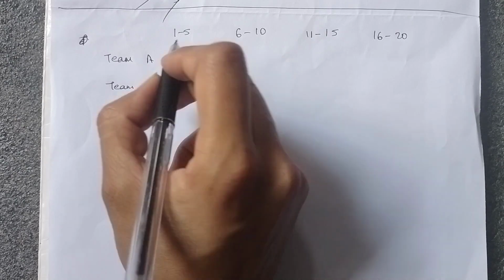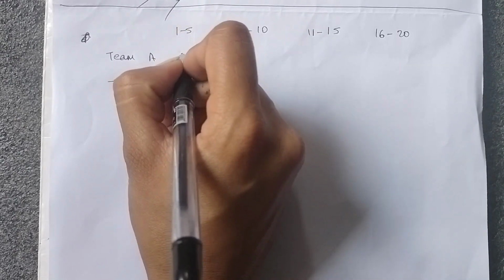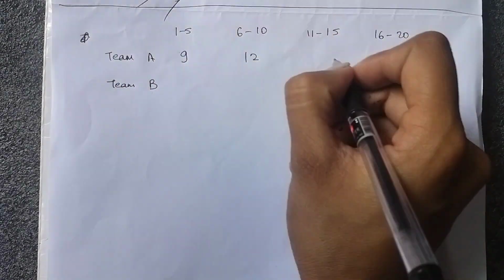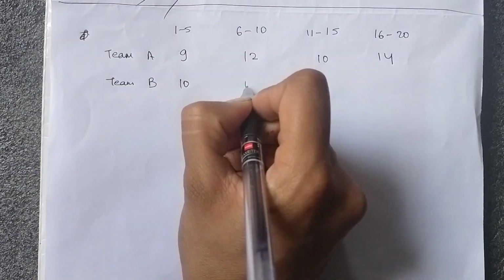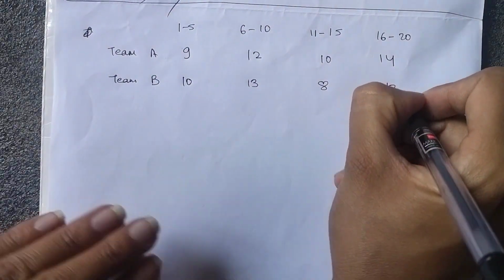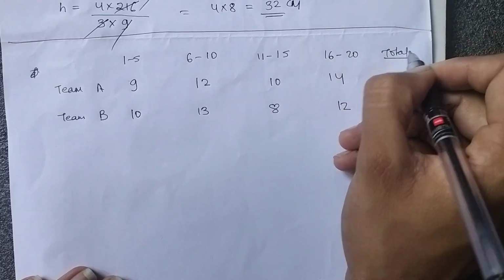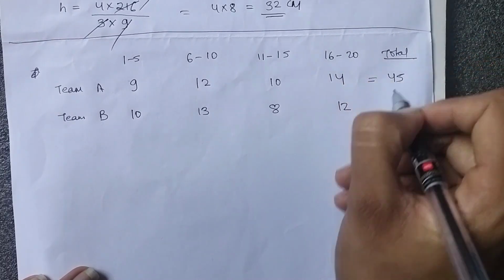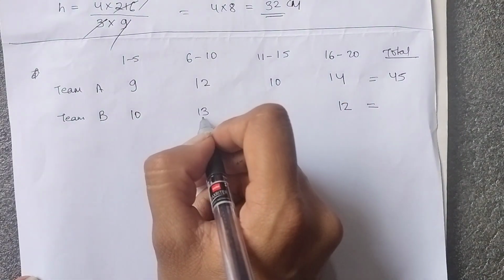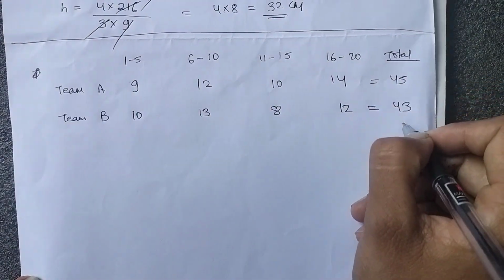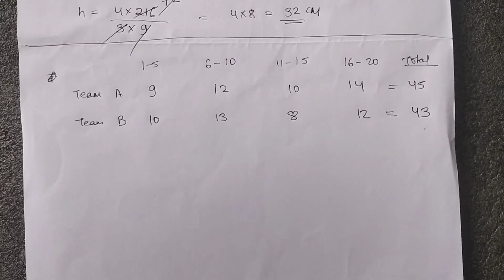Let us write it down. So for the first 1 to 5 overs, team A has scored 9 runs, 12 runs, 10 runs, 14 runs. For team B, it is 10 runs, 13 runs, 8 runs, 12 runs. Total will be 45 for team A, and 43 for team B. So let us move to the options.